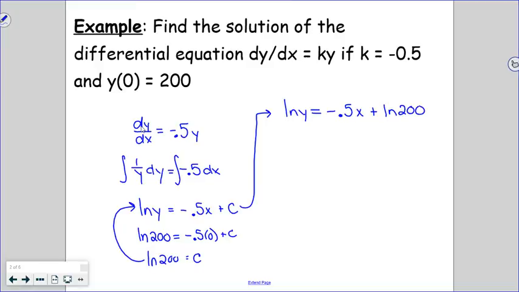We saw this one before when we talked about solving a logarithmic equation, that I need to get that logarithm by itself, which it is, and flip to exponential. So it would be e raised to the, on both sides, so we'd have an e, oops, not e, a y equals e raised to the negative 0.5x plus natural log of 200. And then we talked about that because of our exponent rules from algebra, we can clean this one up and give both of those exponents the base of e.